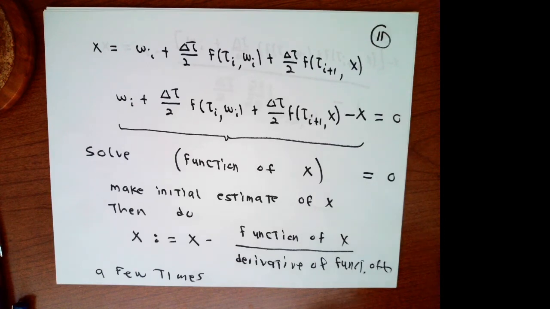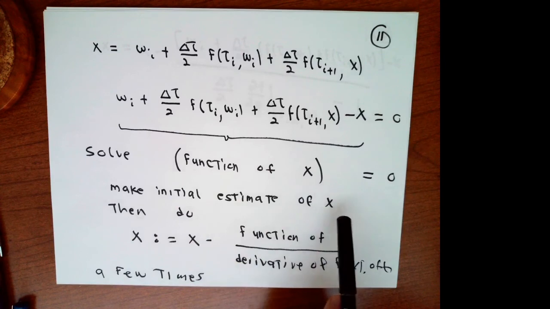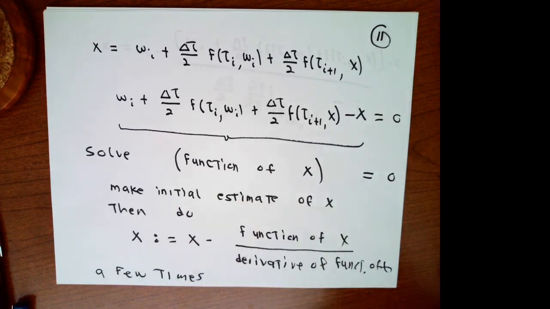One of them is Newton's method. Make an initial estimate of x. X is going to end up being Wi plus 1. So, for instance, if you didn't have any better guess, you could use Wi for your guess. Or you might use the Euler estimate as your rough initial guess.